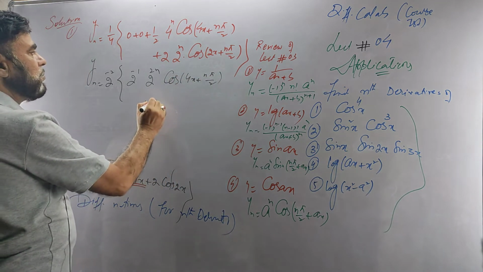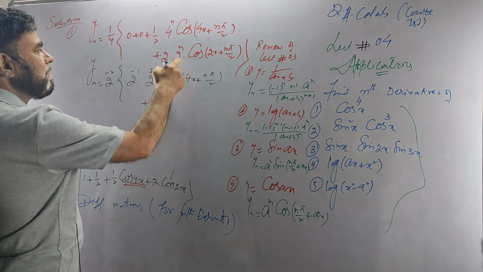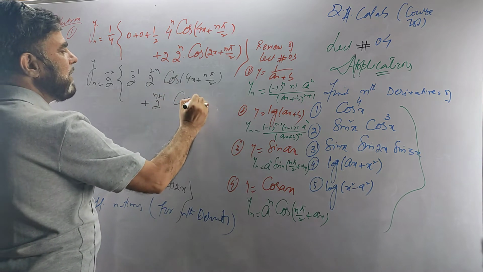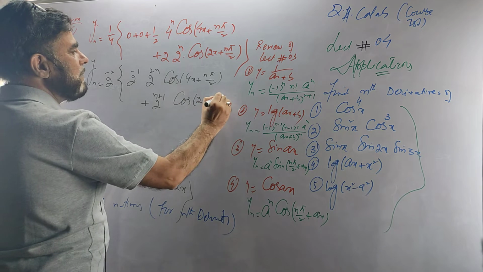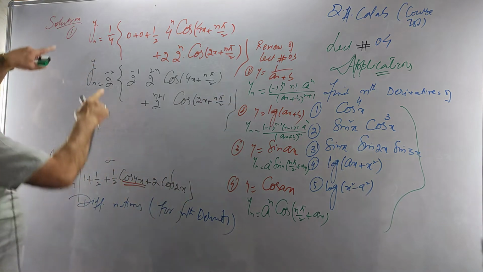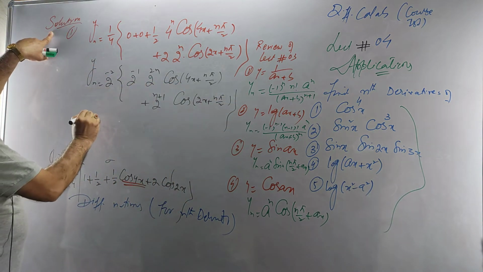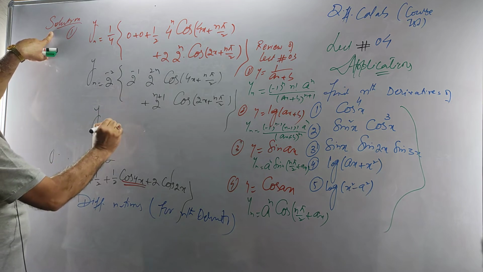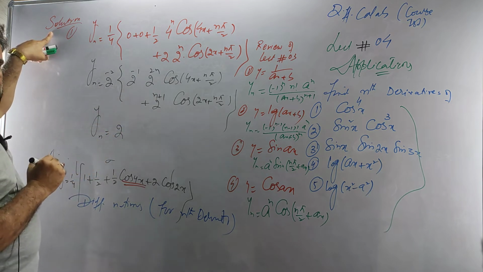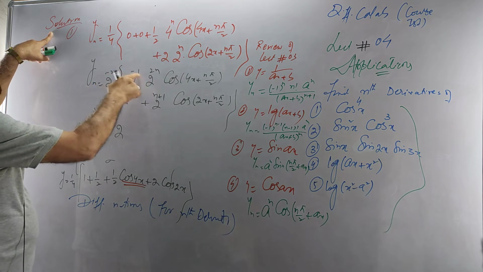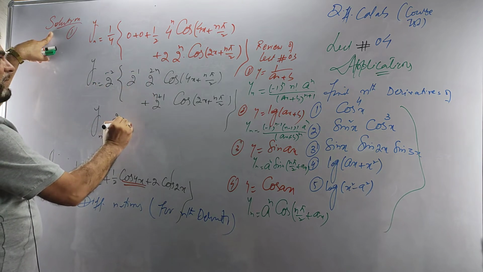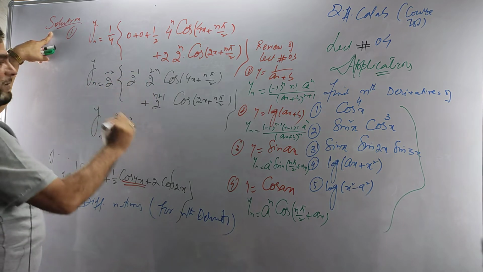Then plus 2 raised to power n plus 1 times cos of 2x plus n pi by 2. Take this 2 raised to power minus 2 inside. This will be yn, and the derivative in its final form has 2 raised to power 2n minus 2 and 2 raised to power 2n minus 3 when it goes inside.